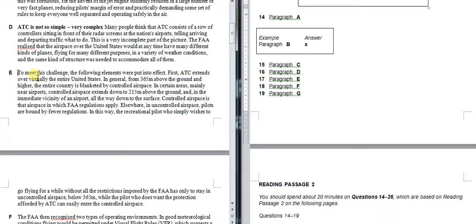Let's see. Following elements. We can get just a basic idea of what the elements are. We see kind of the difference between controlled airspace and uncontrolled airspace.